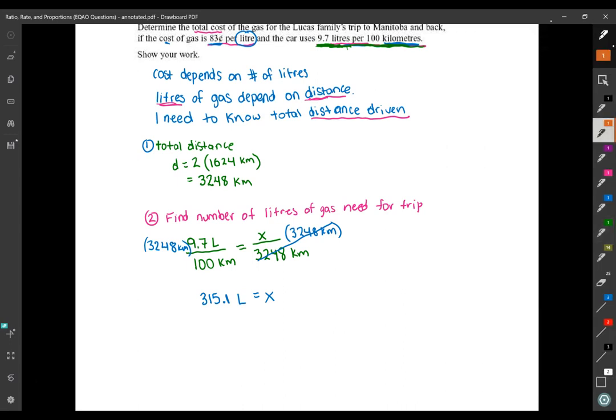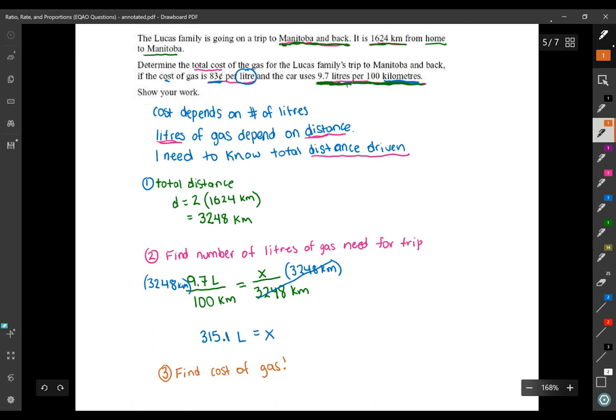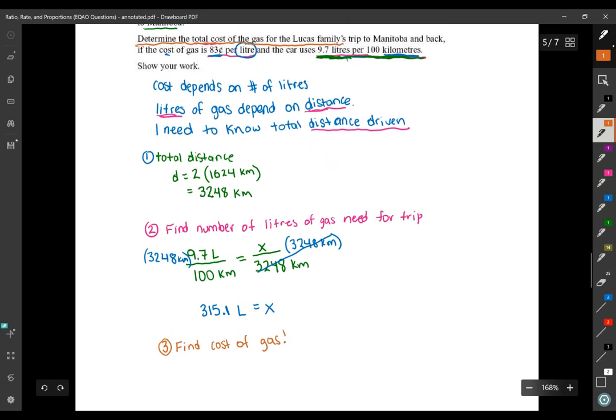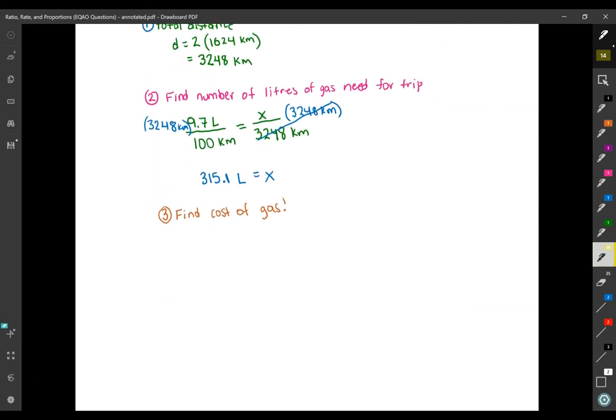My last step is to find the cost. Right? And this is what the question was asking. It was asking for the total cost of the gas, right? So once I have this, I have my final answer. So I know, and it says it right here, that gas is 83 cents per liter. So again, I can set up a ratio.